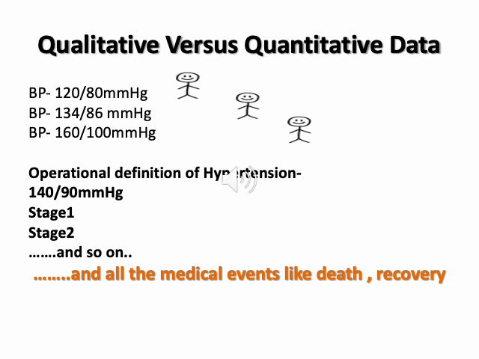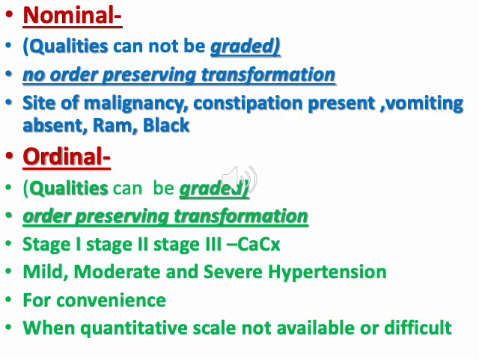So here you are having a notion of quality, that stage 2 is more dangerous than stage 1. This type of data where we are having a notion of quality is known as qualitative data, and where we are having an actual number is known as quantitative data.